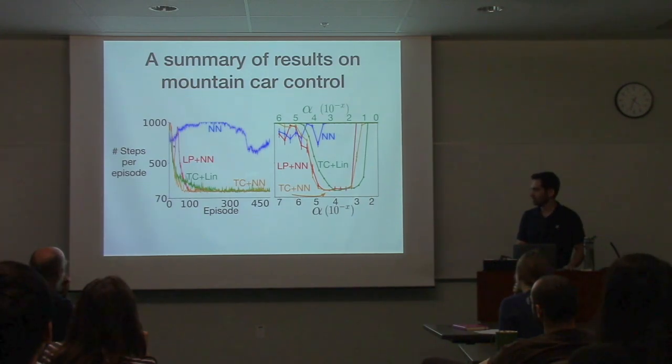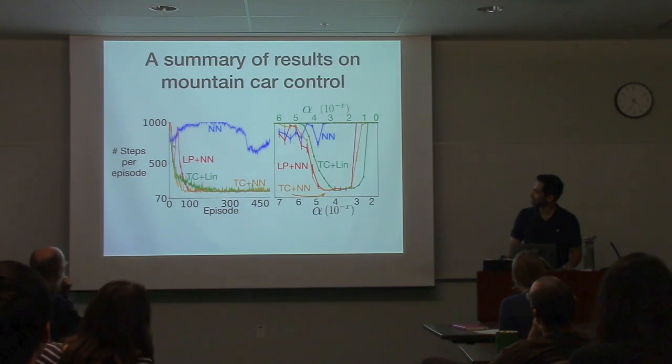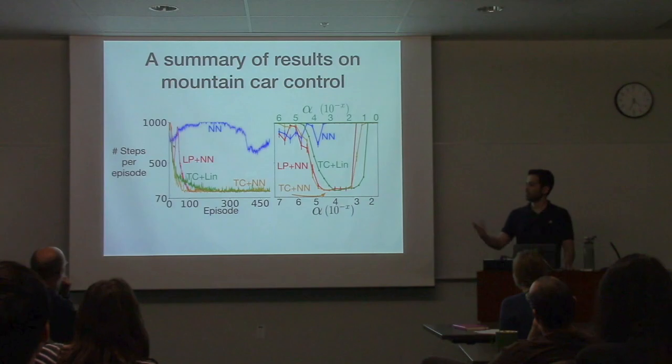The y-axis is the number of steps per episode. The lower, the better. And the x-axis is the episodes. I'm going to give you a few seconds to look at this. Okay, moving on.